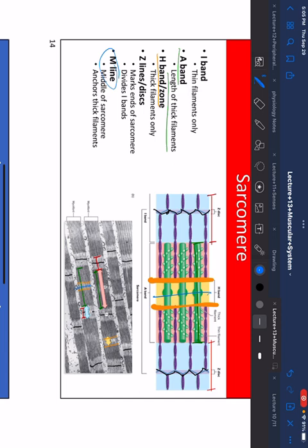Or you could say the M line is in the middle of the H band as well. So it's important to know these different bands and zones because they're going to change in length during muscle contraction.